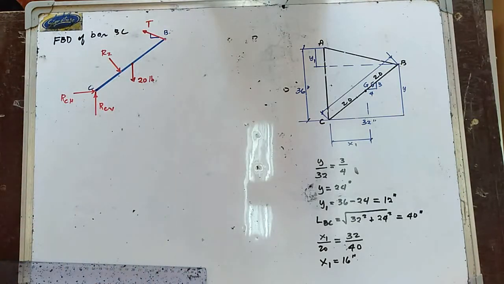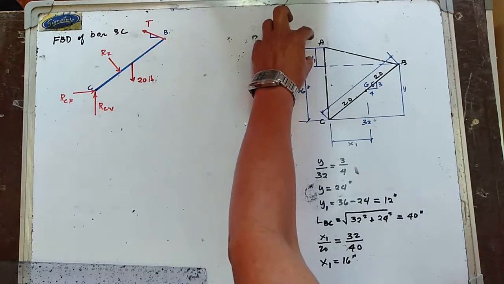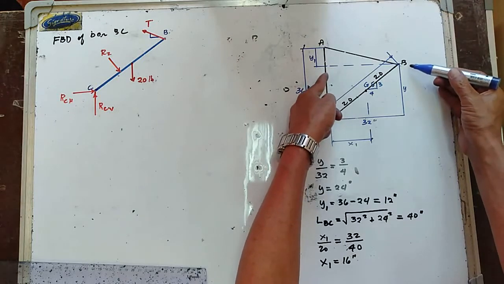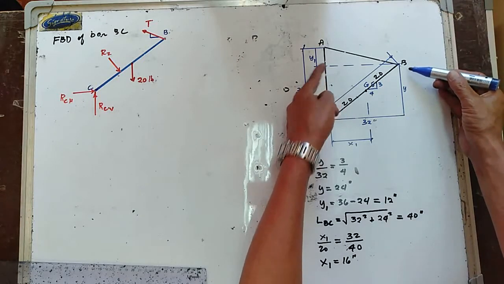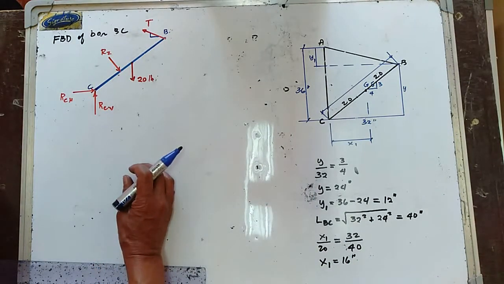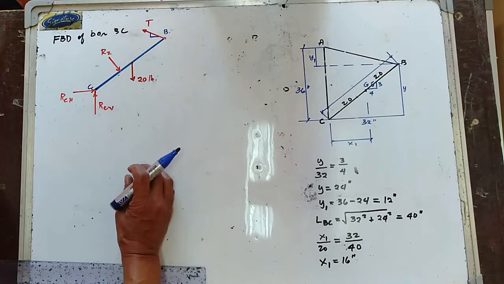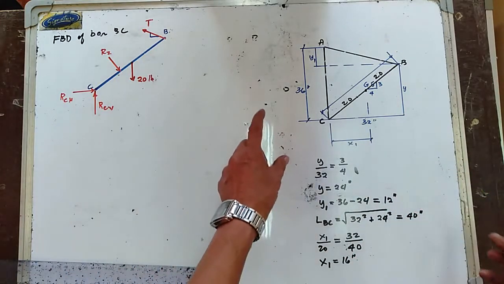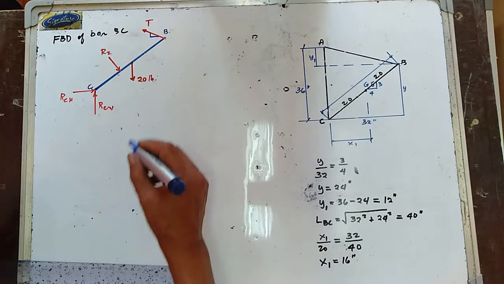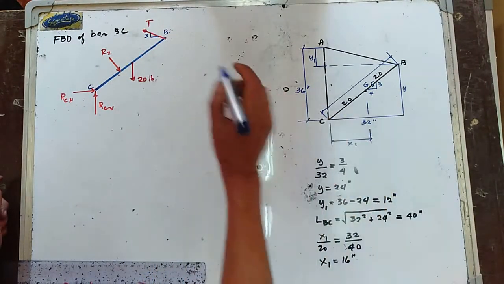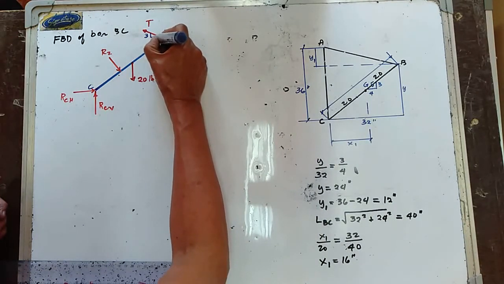Now, y1 is 12 and the horizontal distance is 32. Let's divide that by 4 to get the slope. So 12 over 4 is equal to 3, and 32 over 4 is equal to 8.